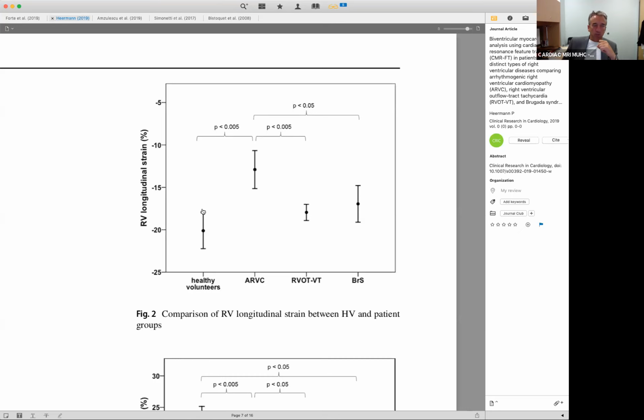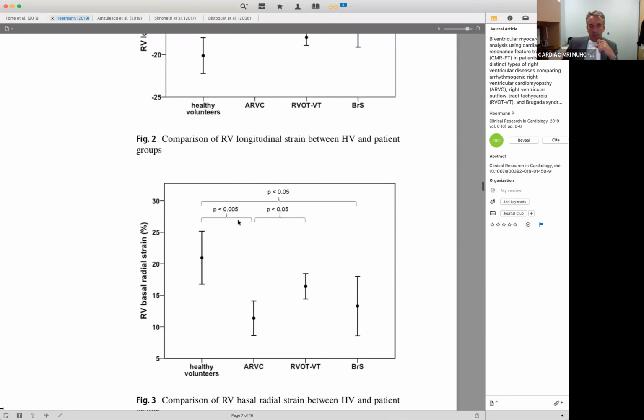But anyhow, the longitudinal strain, which is probably the more reliable of all of them, shows a clear distinction from ARVC to all others, which makes sense because in RVOT, typically you do not have a lot of morphological abnormalities, the same as with Brugada syndrome. These are only subtle, and in healthy volunteers, you still have variation, but not necessarily a lot.